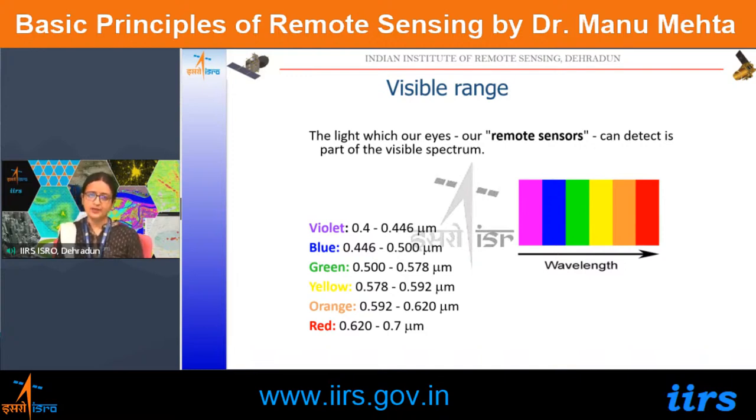But the important point to note here is that different remote sensing instruments have different definitions for blue, green, deep blue, red, etc. So look at the spectral range defined by the data provider, and then do the analysis accordingly.